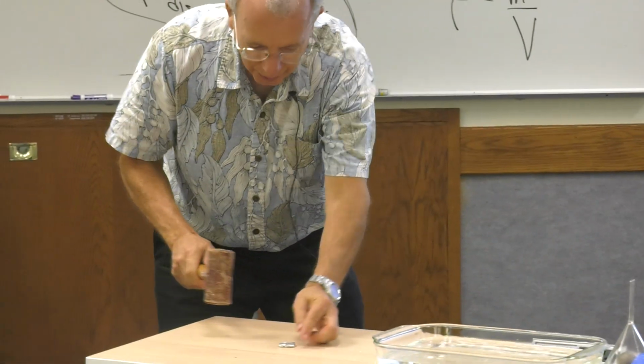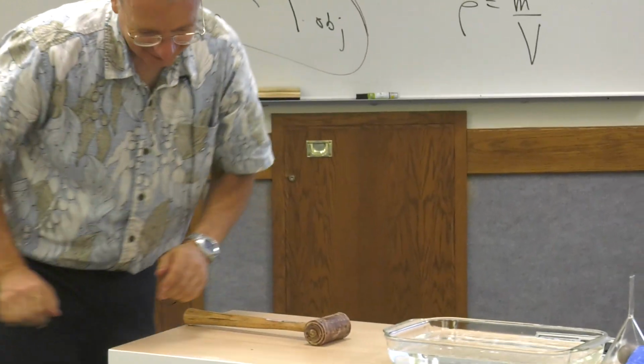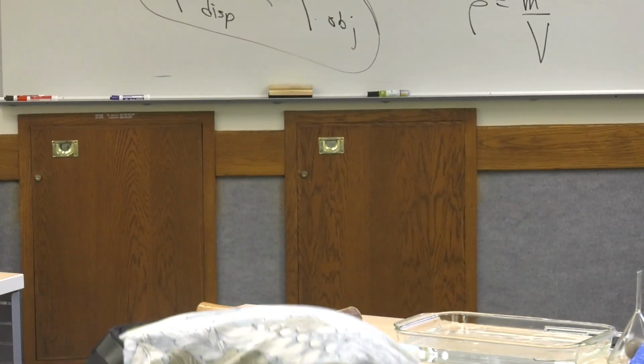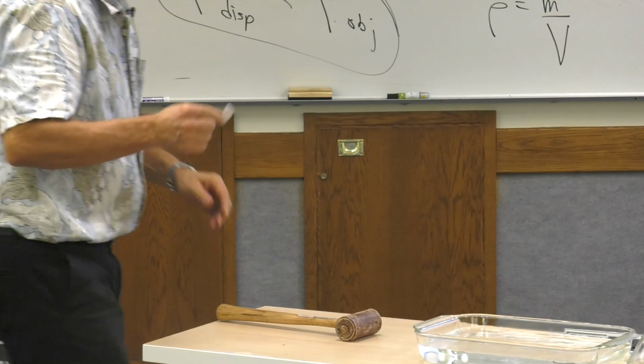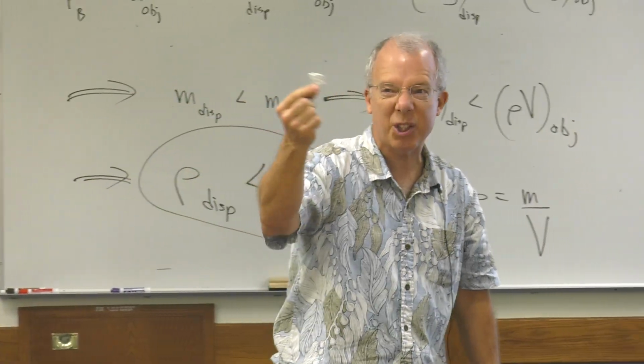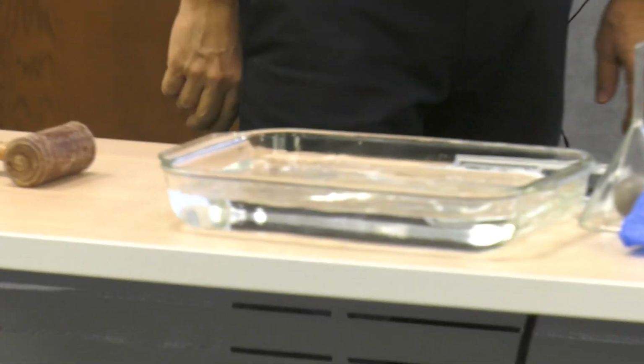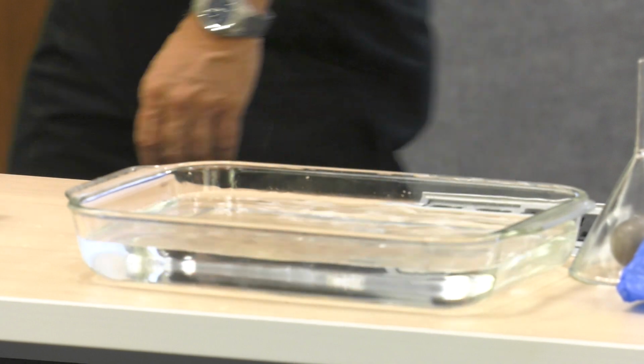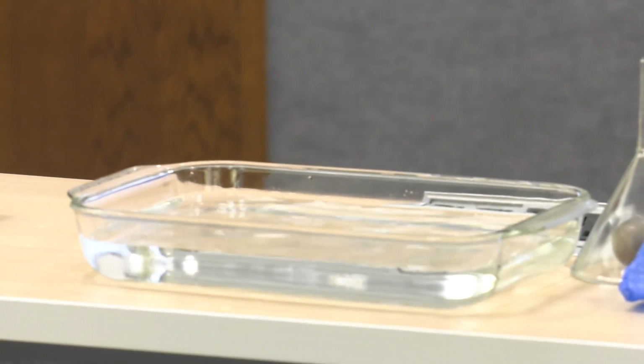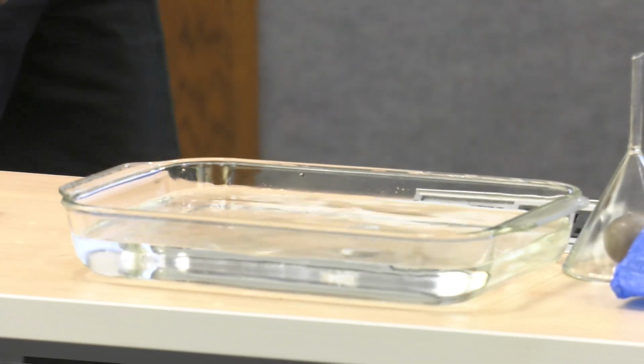That's what happens to students that don't do their homework. Just kidding. Now look. I didn't change the mass or anything, right? Okay, watch. Does it float anymore? Nope. Doesn't float anymore. It sinks.